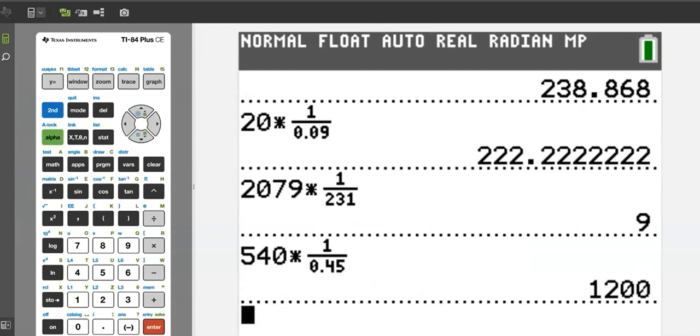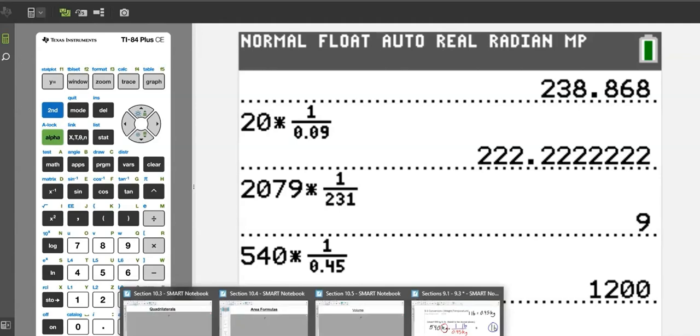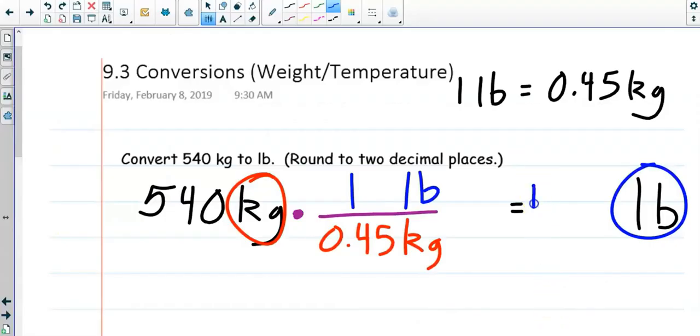That's how many pounds, because we started at kilograms. So in 540 kilograms, there are 1,200 pounds. Go ahead, try this one on your own. Pause the video again. Find that conversion. Use it.